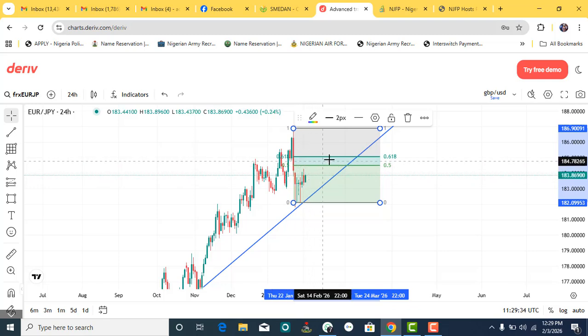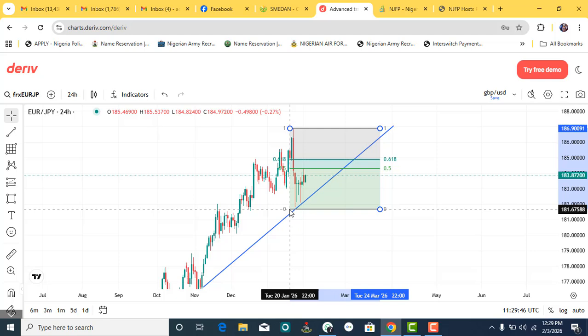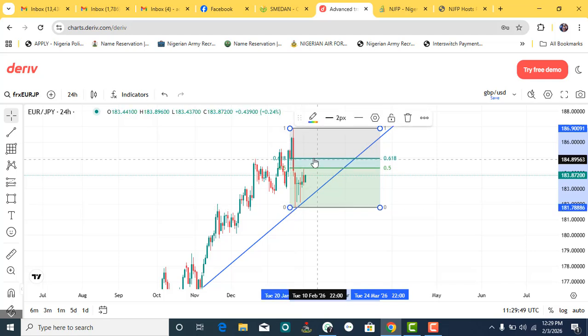So if this market breaks it upward to break the 0.618 level, comes back to test it, we're going to buy it. But if it comes back into this particular level, just like it tested this level, we missed it, we would have entered this sell from this level, but now we're waiting for it to come back to test it.